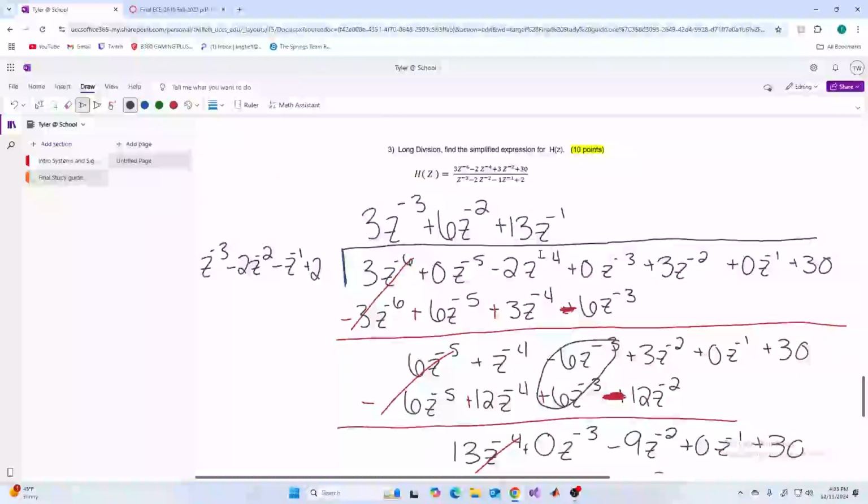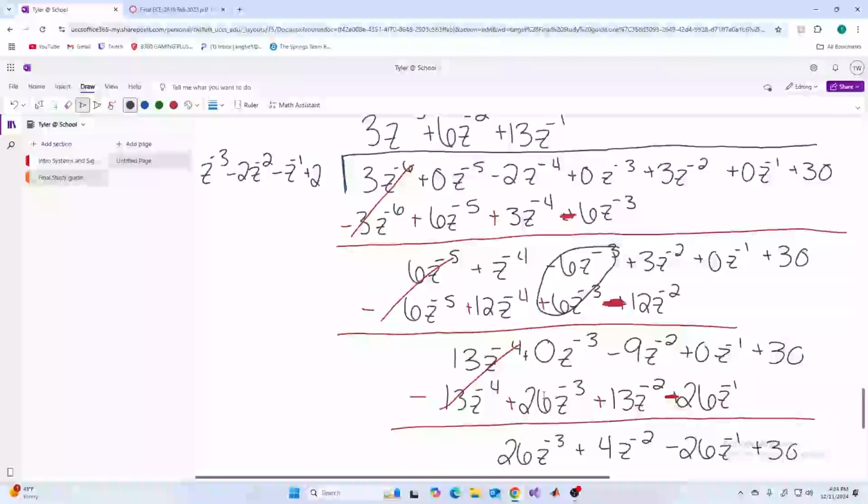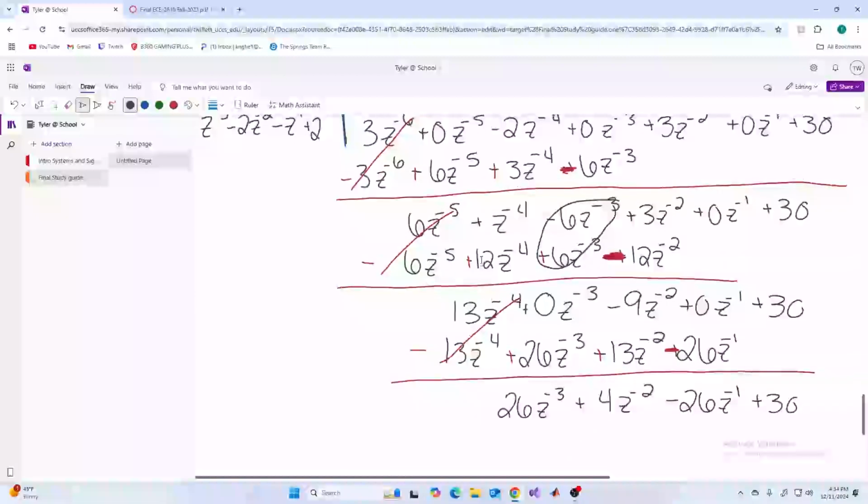Now I need to multiply this one by 26 to match. So plus 26. Let's go ahead and do that. I'm going to get 26z to the power of negative 3.